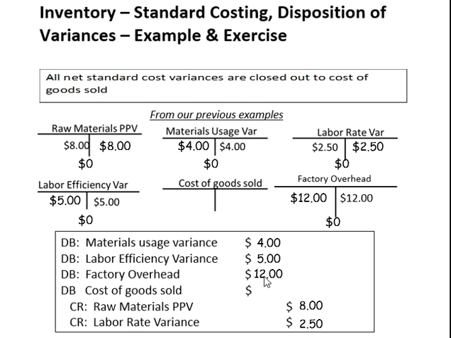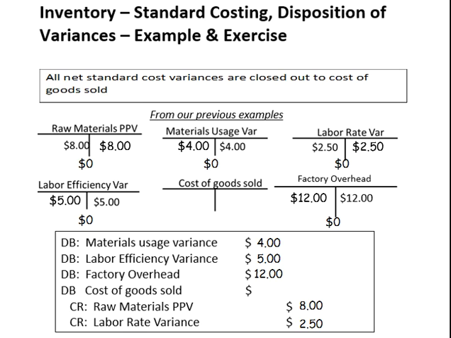overhead. Now I have a journal entry that basically is out of balance. My debits don't equal my credits. You can see my total debits are equal to 12 plus 5 plus 4. That's $21, and my credits are equal to $10.50. So what I need to do is make the journal entry balance.